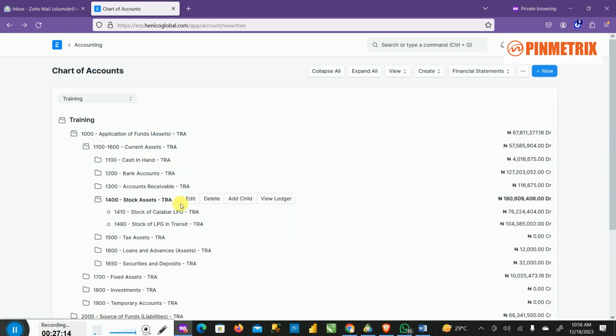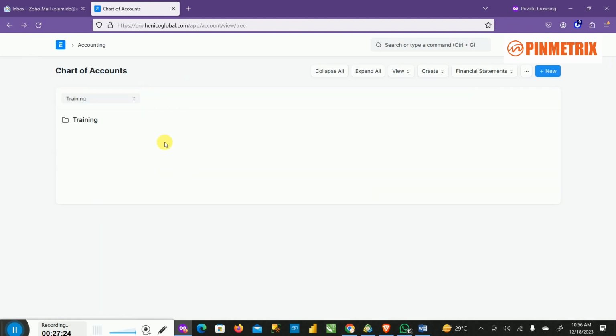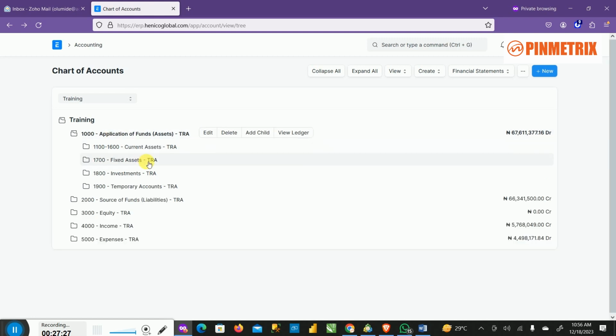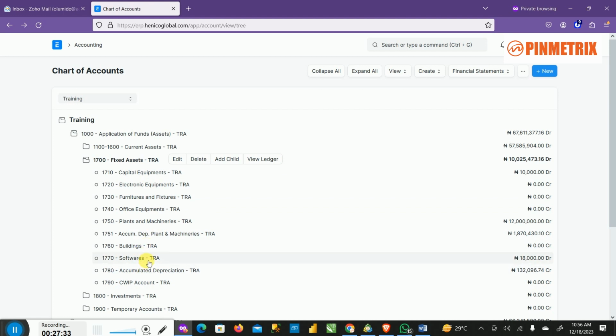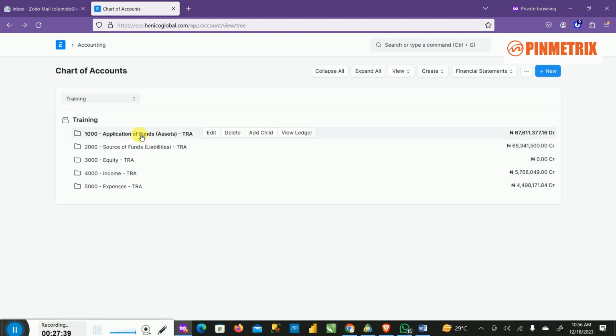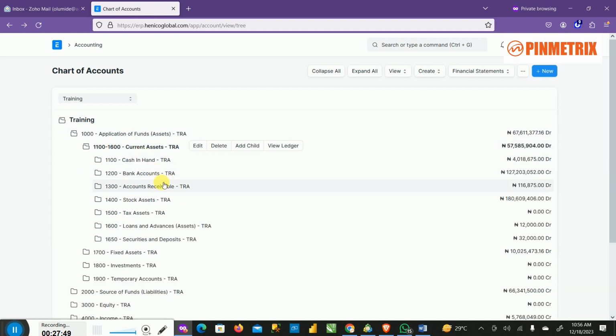Then let's check our stock entry. So stock of LPG, which is this. Sorry, I was distracted.